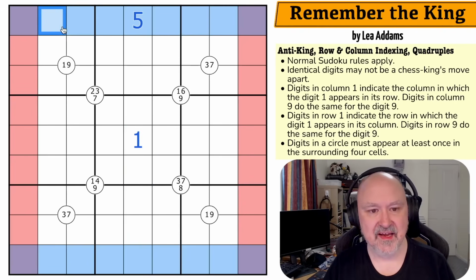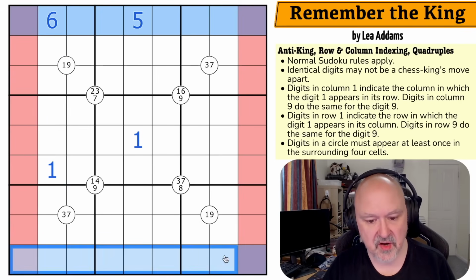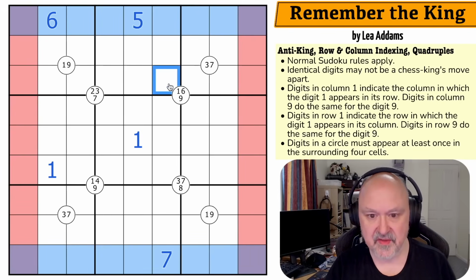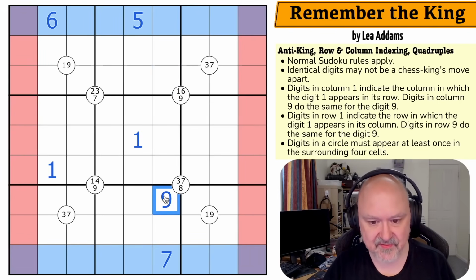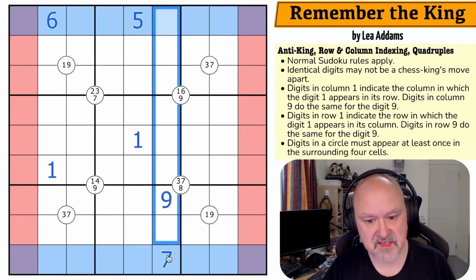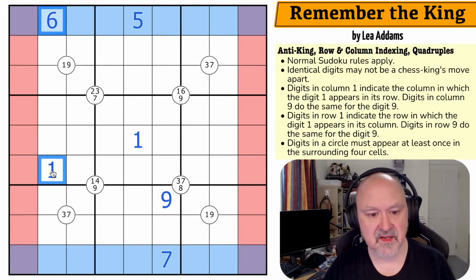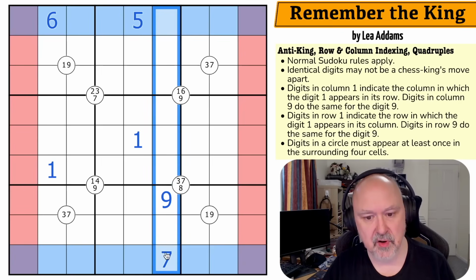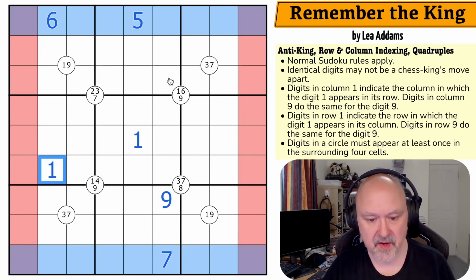And again, if we were to put a 6 here, that would mean that the 1 would have to go down here in row 6 because it's 6 down from there. And similarly with the 9, if we were to put a 7 here, that would mean the 9 has to go in the 7th. Oh, that's wrong. The 9 would have to go in the 7th position in this column. So it's a little bit tricky. It's not 7 up, it's the 7th row. The 7th row in this column is the way it works.